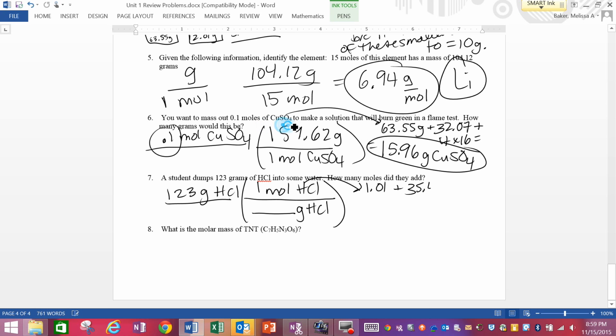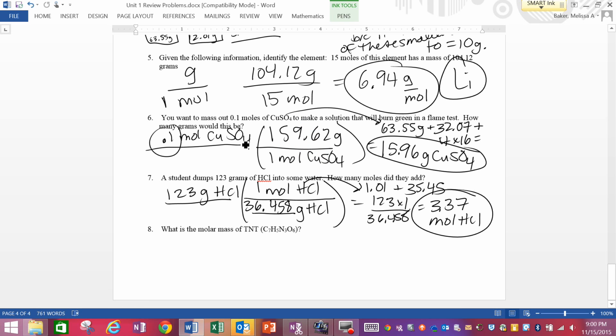Chlorine weighs 35.45. That makes the molar mass 36.458 if you're using a longer number here. Multiply across the top, 123 times 1 divided by 36.458. Answer, 3.37 moles of HCl.